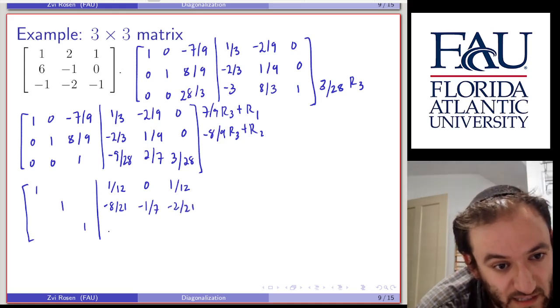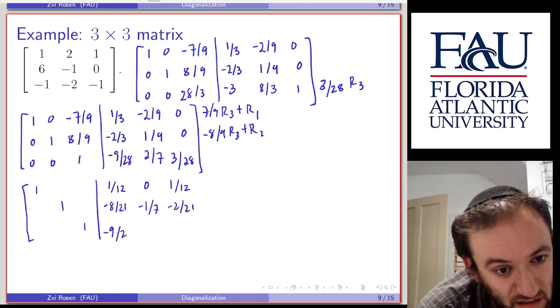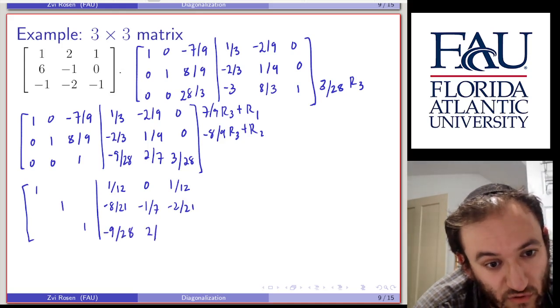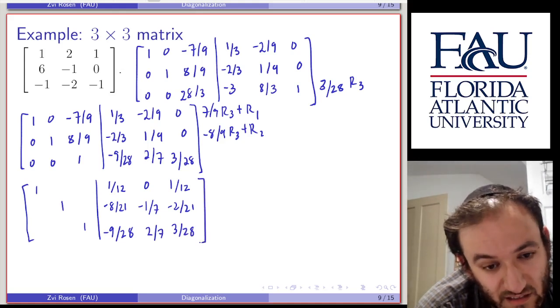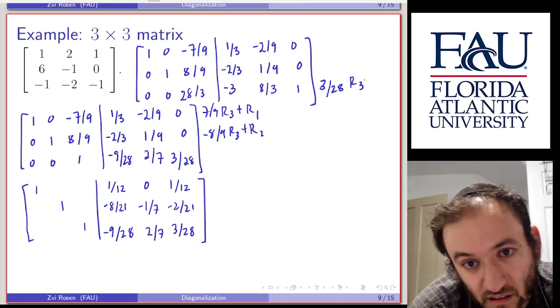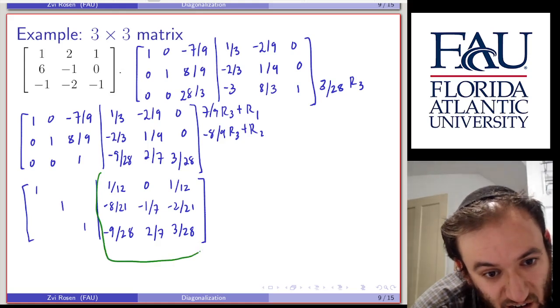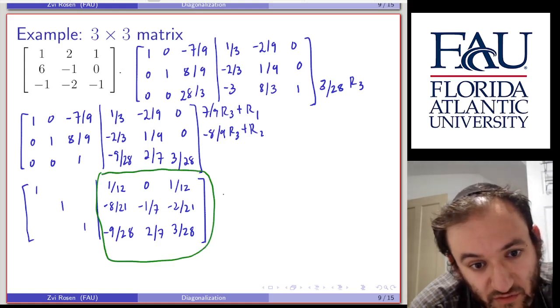And then the rest remains the same, so we have minus 9 over 28, 2 over 7, and 3 over 28. And hopefully, the matrix that we've arrived at here is our P inverse.